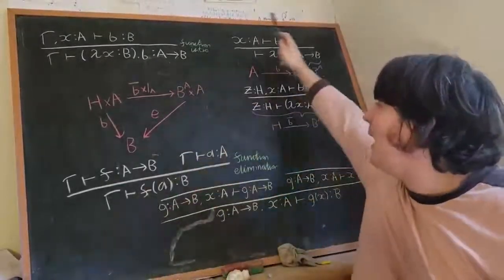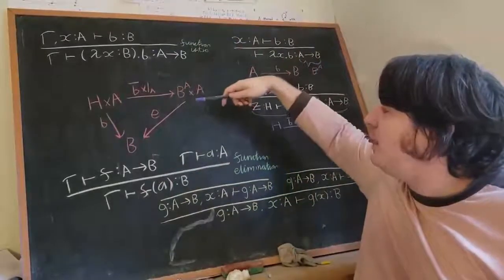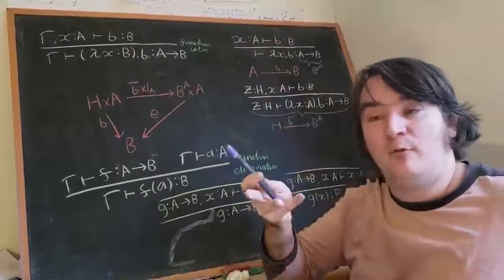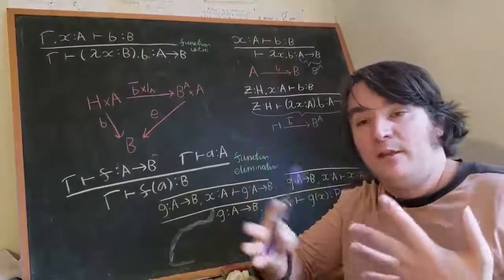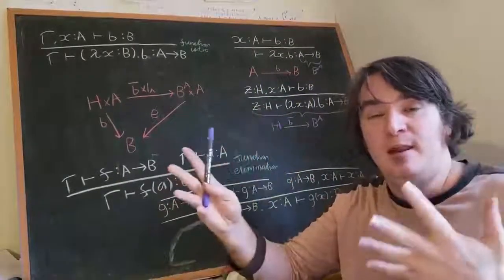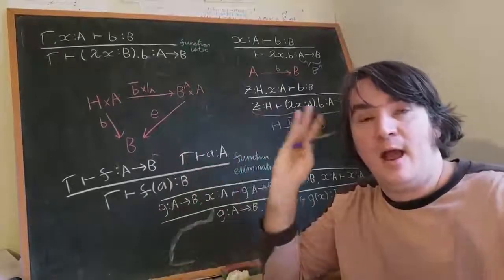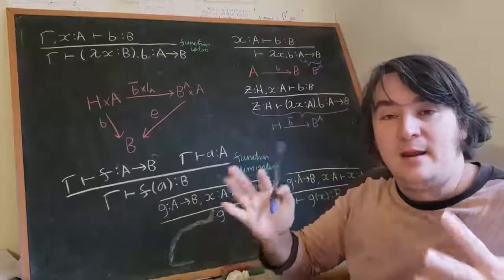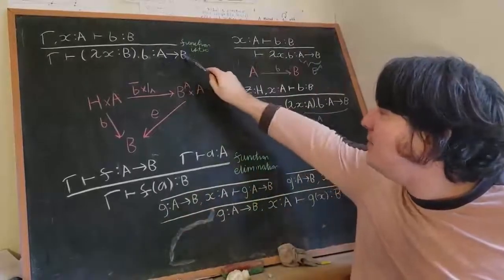And when we know how exponential objects work, and when we know how function types work, it really sheds a lot of light on how these different expressions can be interpreted as arrows in categories, and how things like substitution work.